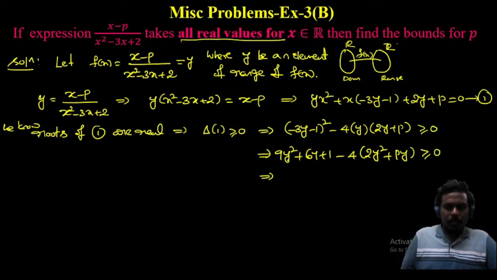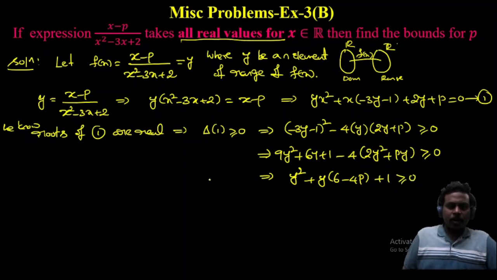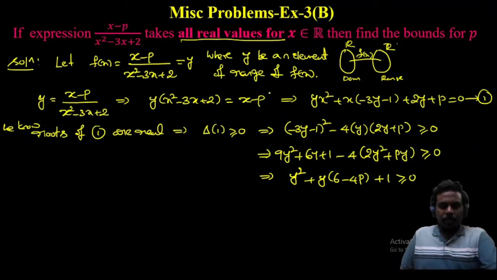So this implies 9y square minus 8y square is y square, plus 6y minus 4py, so it is y square plus y into 6 minus 4p plus 1 is greater than or equal to 0. And remember y is an element of the range.